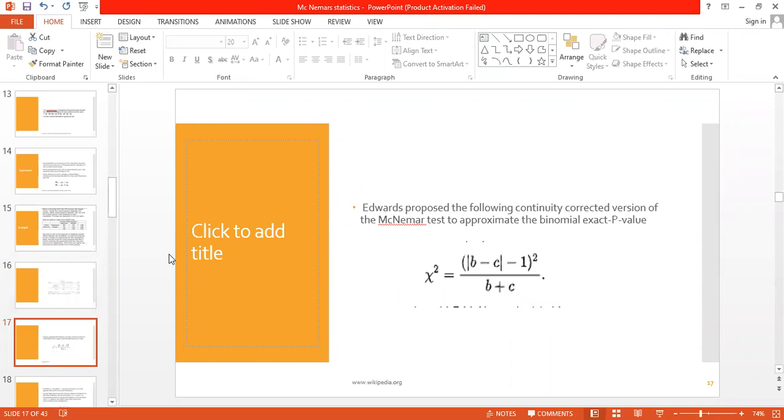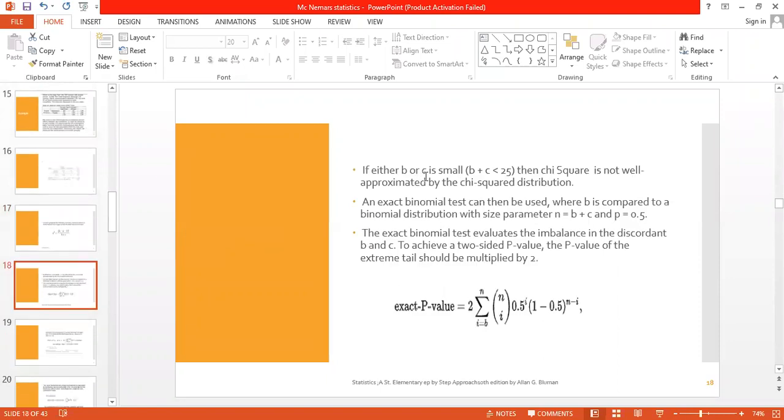There are different versions of the McNemar test. Edwards proposed the following continuity-corrected version of the McNemar test to approximate the binomial exact p-value. This is the corrected version of this test, and this formula is used for calculating the p-value, which is also called the binomial exact p-value.